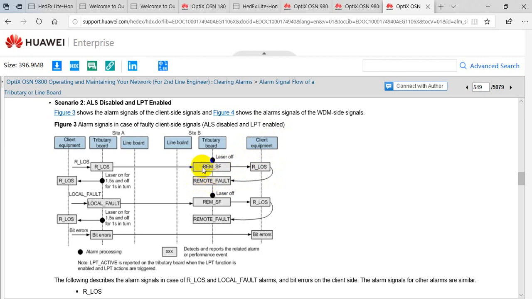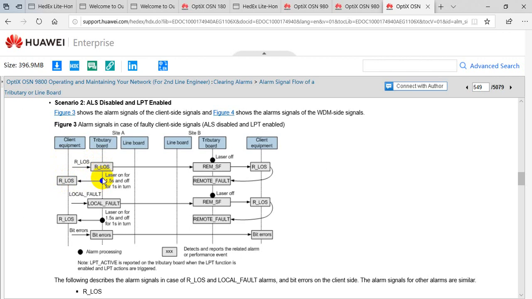So one more thing in LPT is, this is not only one side laser off, because at this end there is no signal. So this interface of the client equipment receiver signal should also get some kind of trigger. So in case of LPT, this laser is enabled.